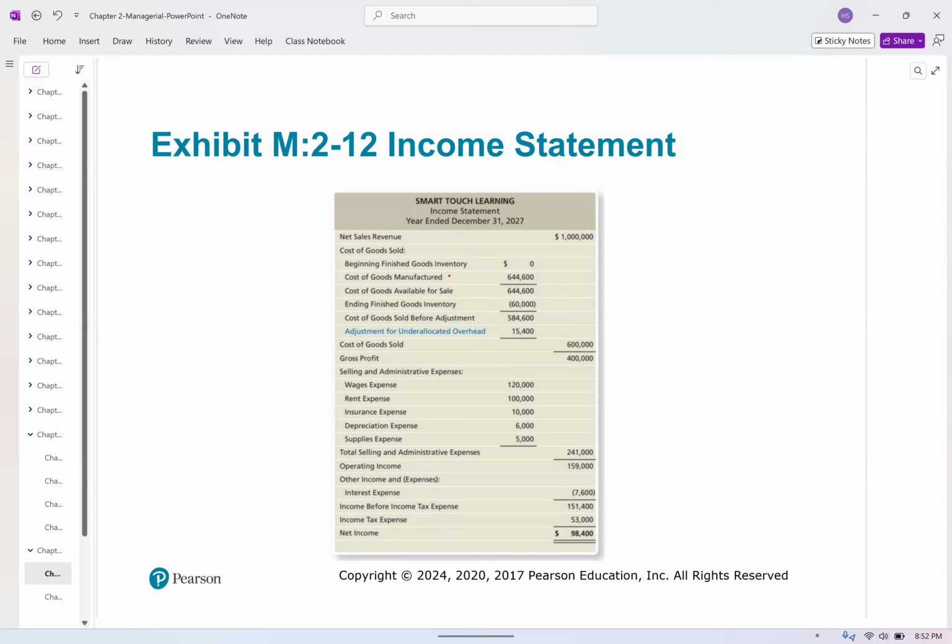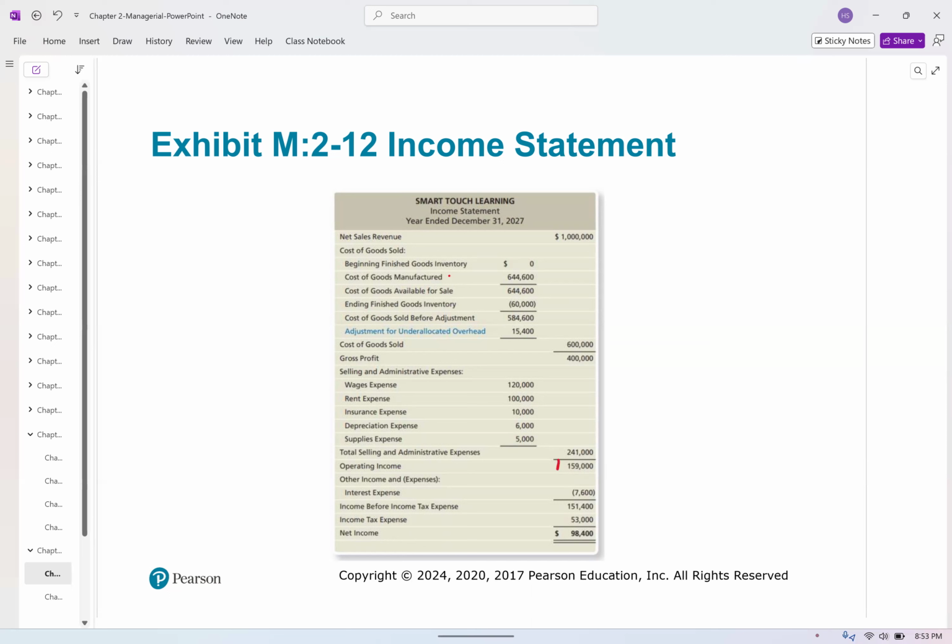Then we're going to subtract out what our ending finished goods is, and then we get cost of goods sold before adjustment, because we had that under-applied overhead that we needed to add into that. Okay. So then you can see that cost of goods sold, that was on a T account in a previous slide, 600,000. We have our gross profit, then we have all of our selling and administrative expenses.